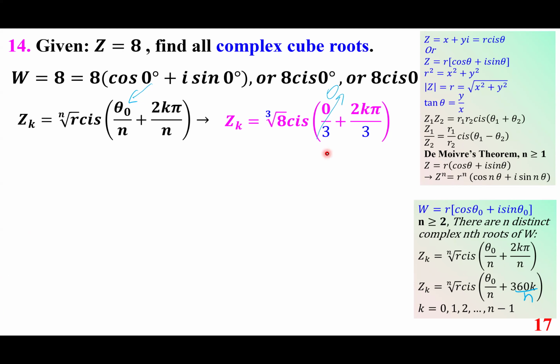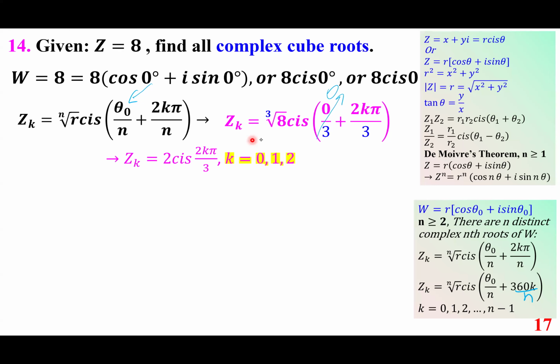So in short, z sub k, that means the root, becomes 2 cis 2k pi over 3, and k goes from 0 to 2. If you go to 3, it repeats itself. Just think about this. If I replace the k with 3, 3 cancels out the 3, I get 2 pi. So it repeats itself.